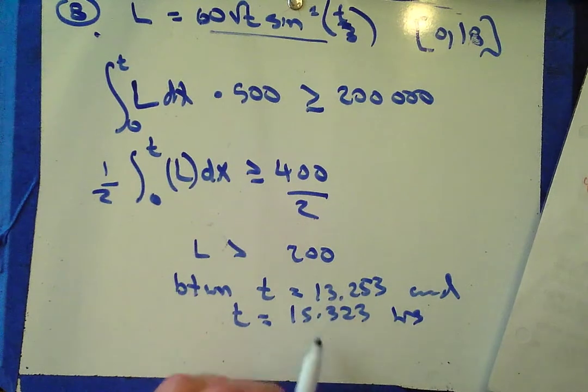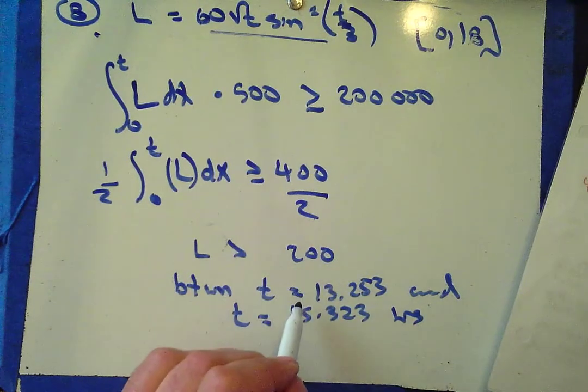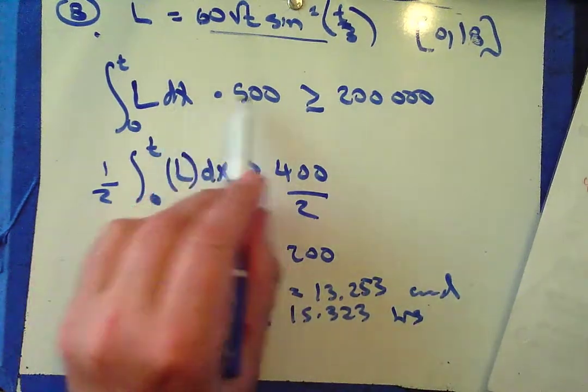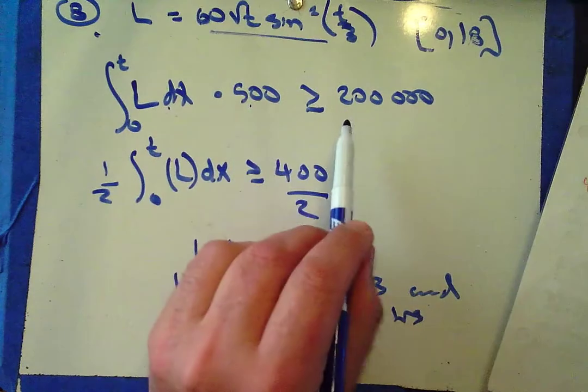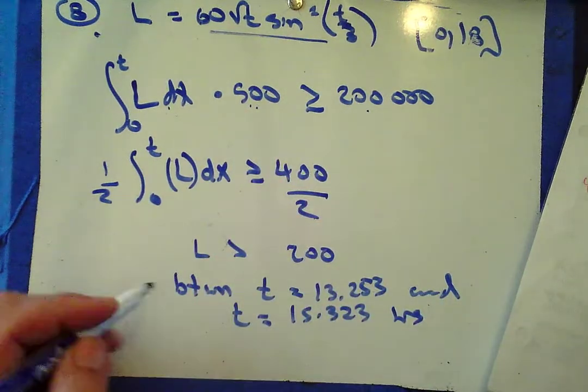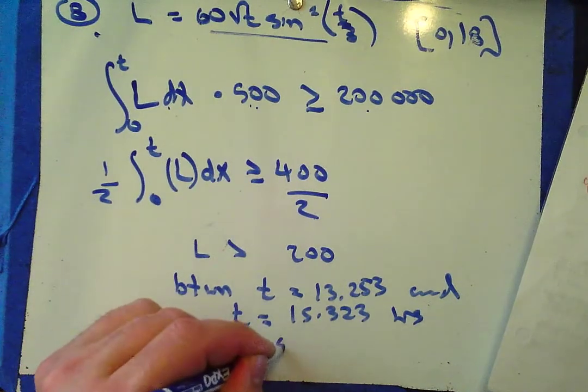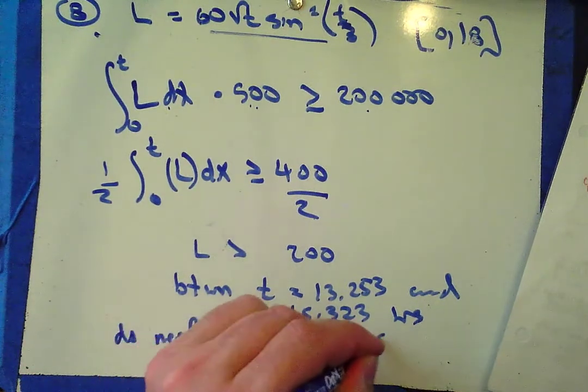This is a little more than 2 hours, and during that 2 hours, the left turners are more than 200, so the total of the product of left turners and the oncoming traffic would be greater than the threshold, so they do need to install a signal.